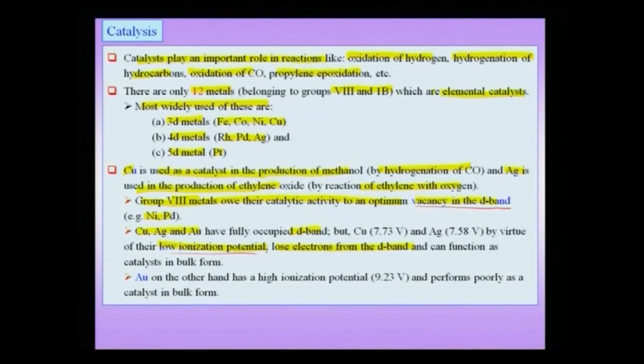The reaction we could be talking about is, for example, ethylene reacting with oxygen to produce ethylene oxide, or hydrogenation of carbon monoxide, etc. Gold does not satisfy any of these criteria, and it has a high ionization potential of 9.23, and therefore you expect gold to perform poorly as a catalyst in bulk form. So, classically, in bulk form you would say gold is not going to be a catalyst, and therefore I would discard it in bulk form to play the role of a catalyst.